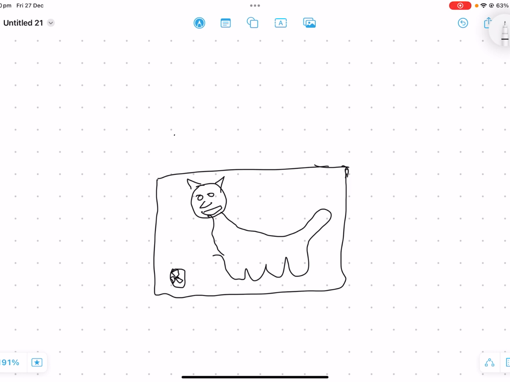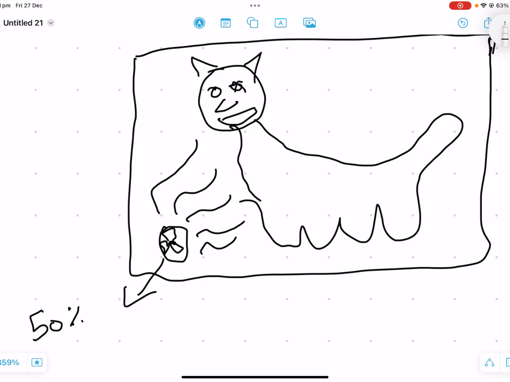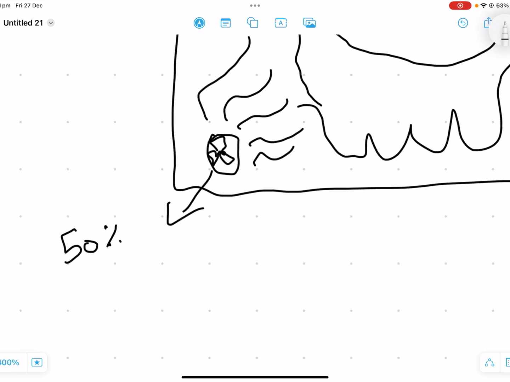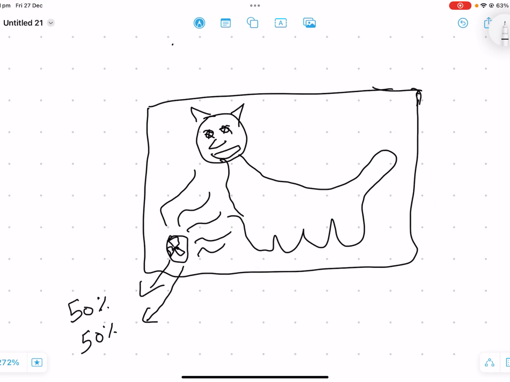Now this radioactive substance has a 50% chance of deteriorating, and it would cast lots of radioactive waves to kill the cat instantly. But 50% chance nothing will happen and the cat is still alive at the end of an hour. Now, let's say 1 hour is over. What is the cat's state just before you open the box?